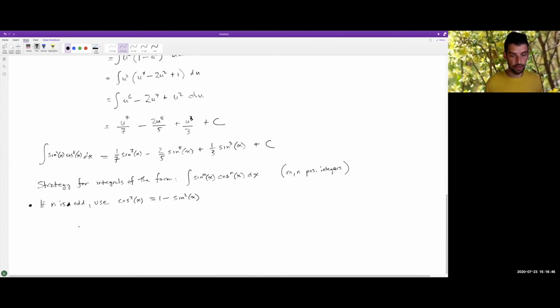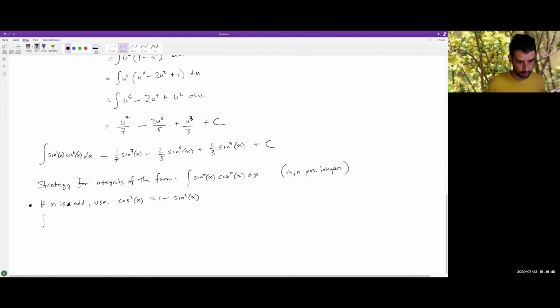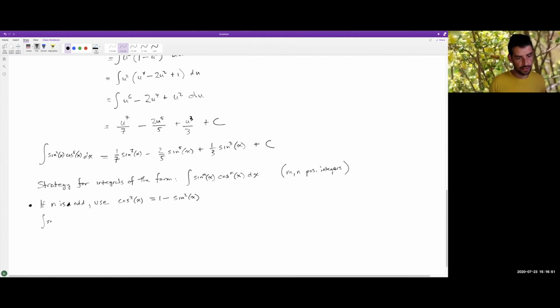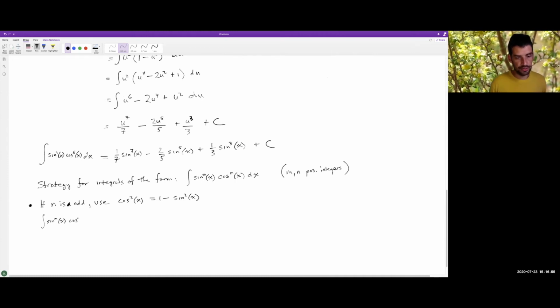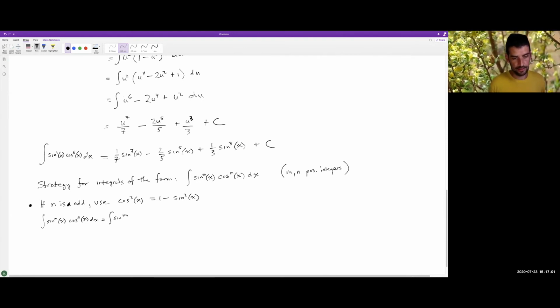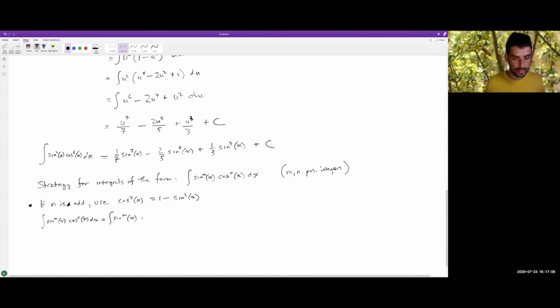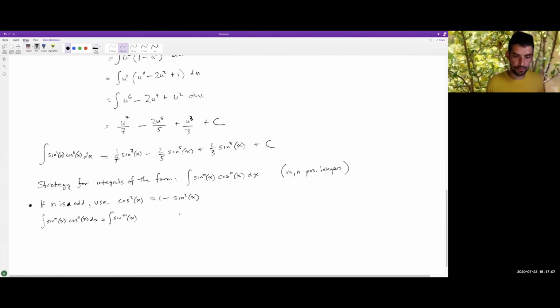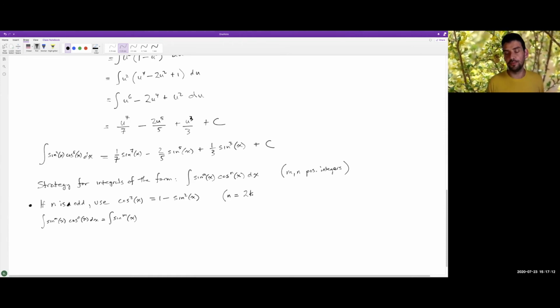And the way we'll use it is we will write sine to the mth power of x, cosine to the nth power of x dx. We can rewrite this. If n is odd, that means n is equal to some integer times 2 plus 1.